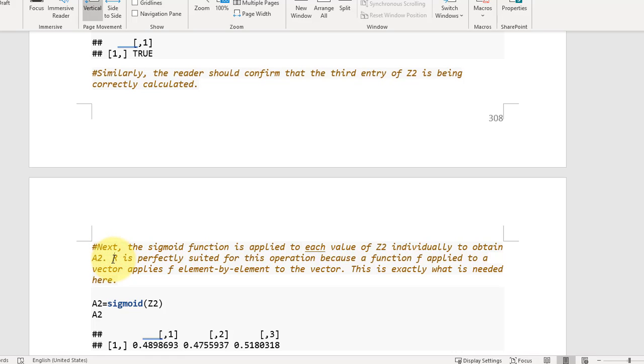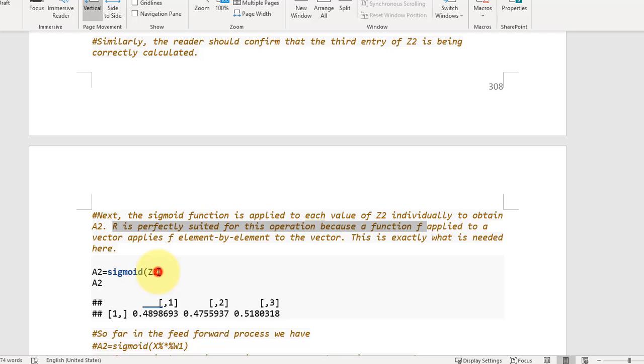And actually, in R, not so much in other languages, R is perfectly suited for this operation because when you take a function and apply it to a vector or to a matrix, R actually applies the function f element by element to the vector, which is exactly what we want here. So that's convenient that R does that. So we don't have to do it element by element.